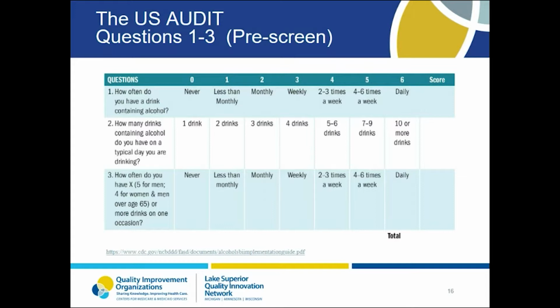He will get a 6 on the first question and a 0 on the second and third questions for a total score of 6. This is below the 8 required for a positive and 7 drinks per week below the low-risk guidelines. So his score is negative and his drinking is within the low-risk recommendations.